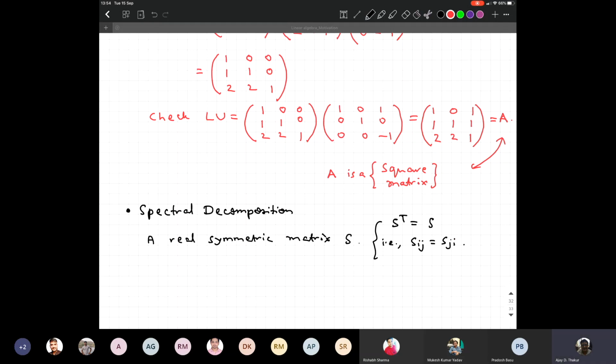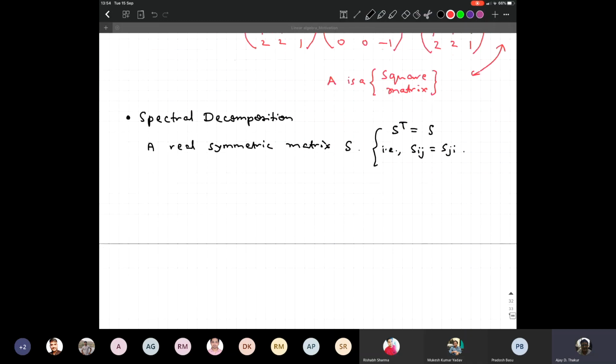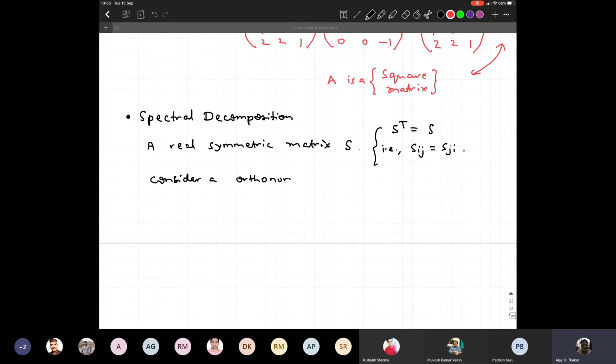Fine. And what we do is we consider an orthonormal matrix. I could have called it an orthogonal matrix, but let me call it an orthonormal matrix for reasons that will become clear.